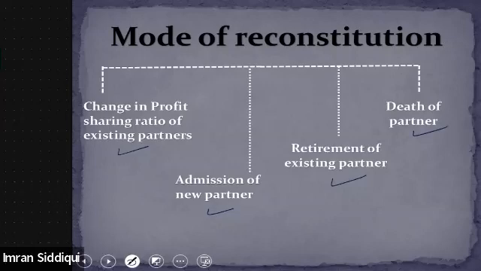In the first part of this reconstitution, we will be talking about reconstitution due to change in PSR. And since I just told you that these are various modes of reconstitution and all of these will be studied as different topics, different chapters in fact, we'll first of all talk about the reconstitution arising due to change in profit sharing ratio.